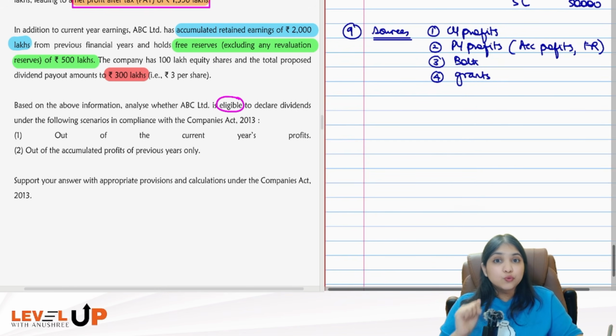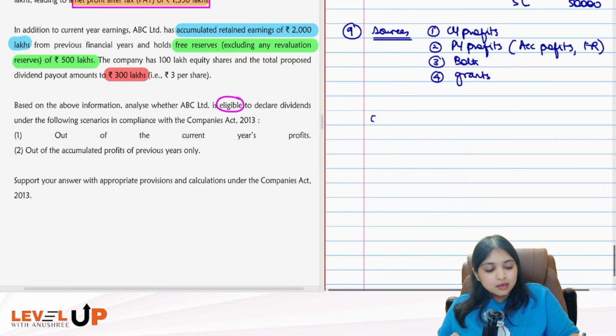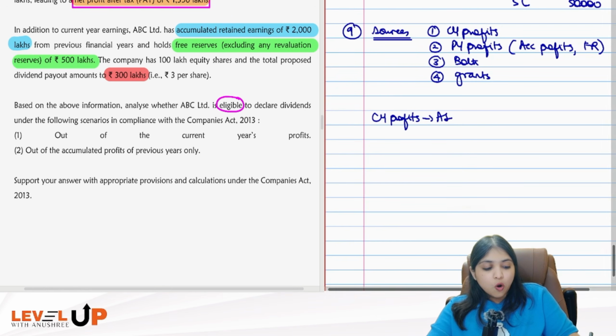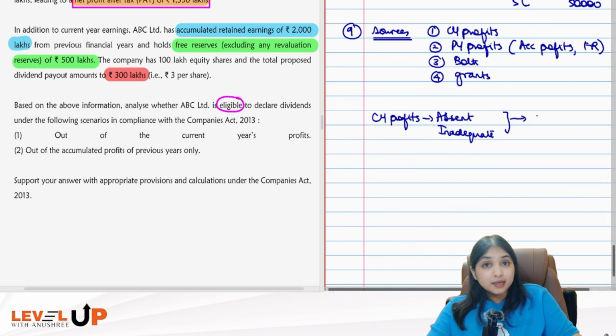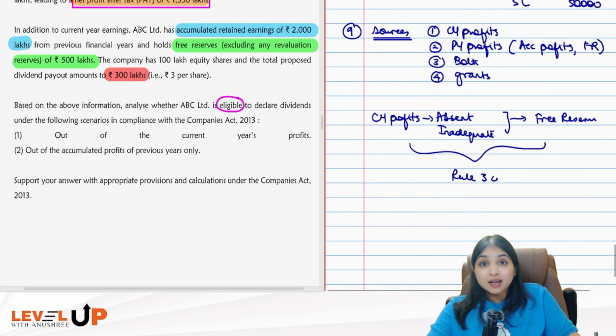Okay. Then you would have learnt that in case the current year profits of the company happen to be absent, or in case the current year profits happen to be inadequate, in that case, the company can take money out of free reserves. And when the company does this, then you must have learnt rule 3 conditions, guys.